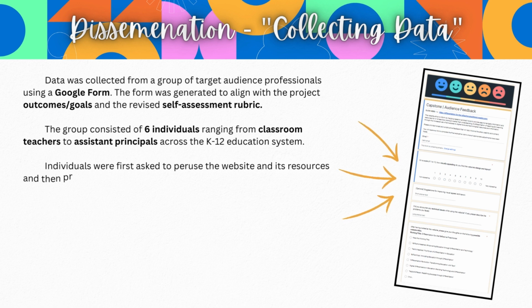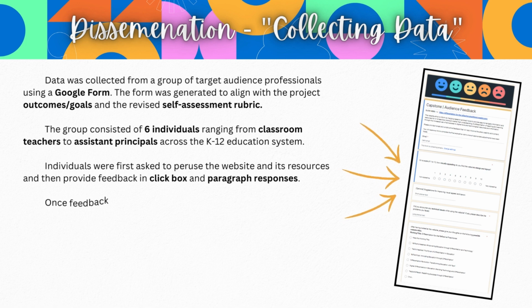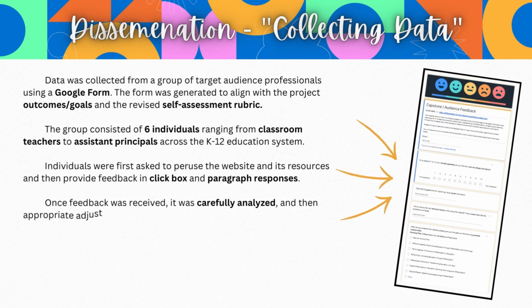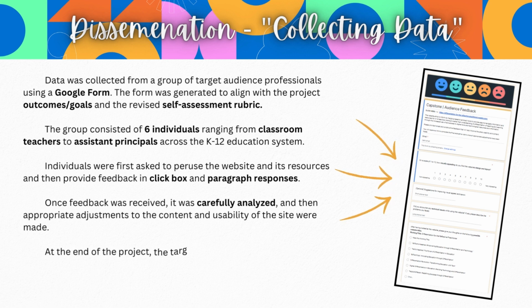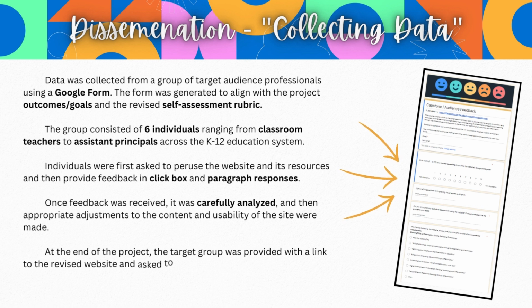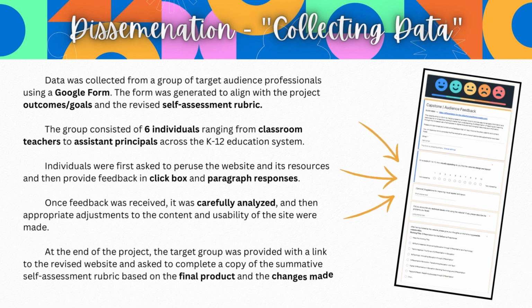Individuals were first asked to peruse the website and its resources, and then to provide feedback in click box and paragraph responses. Once feedback was received, it was carefully analyzed, and then appropriate adjustments to the content and usability of the site were made. At the end of the project, the target group was provided with a link to the revised website and asked to complete a copy of the summative self-assessment rubric based on the final product and the changes made based on their feedback.